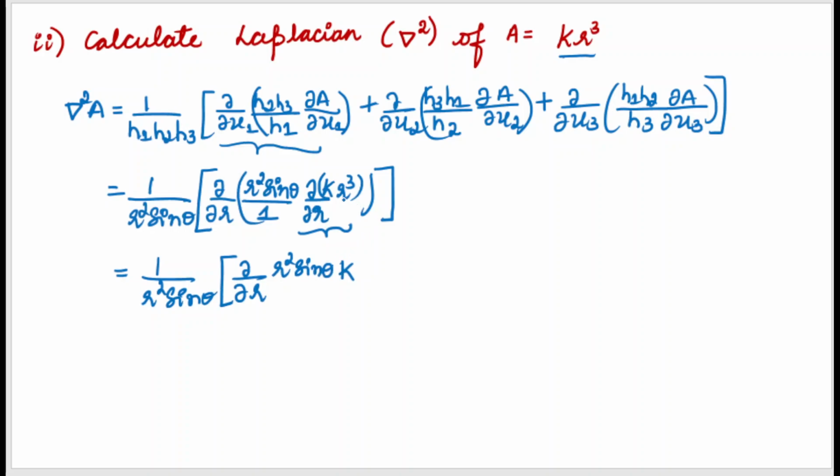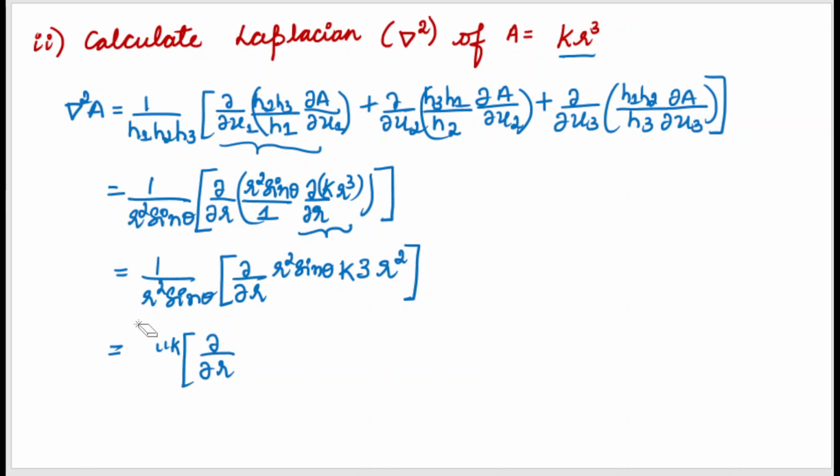Differentiating r cube, it will be 3 times r square, right? Now the same as it is, carry forward, divided by dou divided by dou r, and k is constant, I can take it out of the differentiation. And sine theta is also constant, you can take it out.